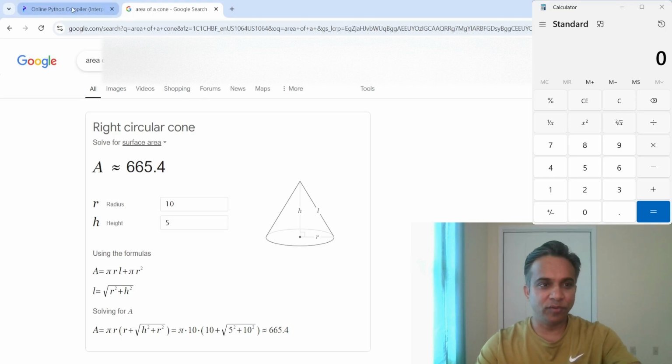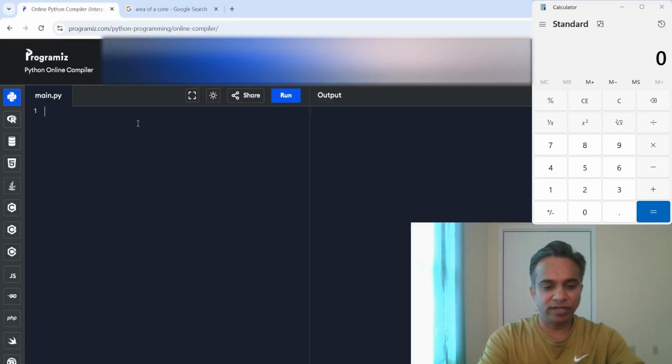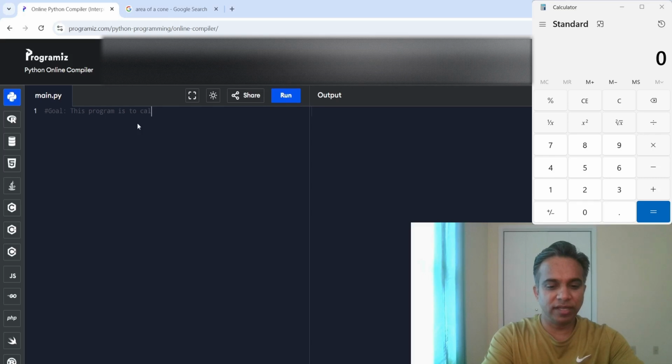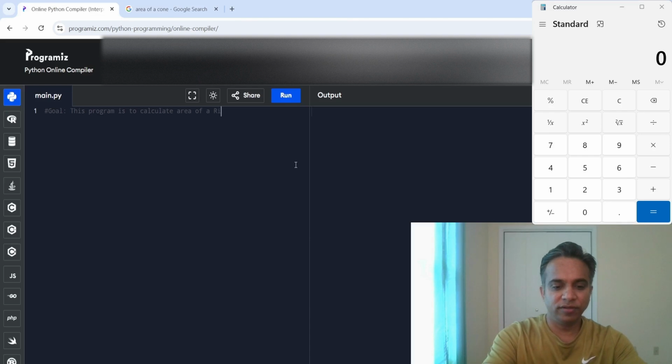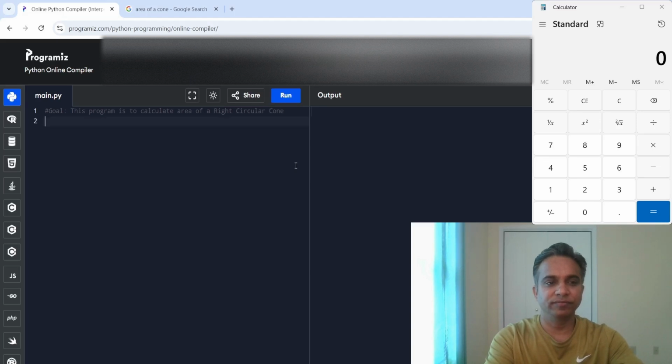Let us write the program. The first step is to write the code. This program is to calculate area of a right circular cone.